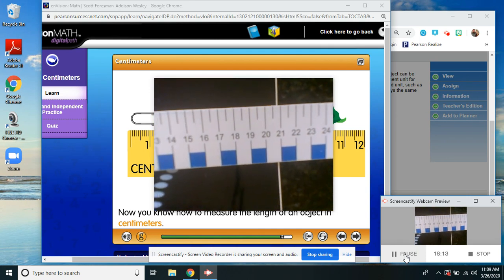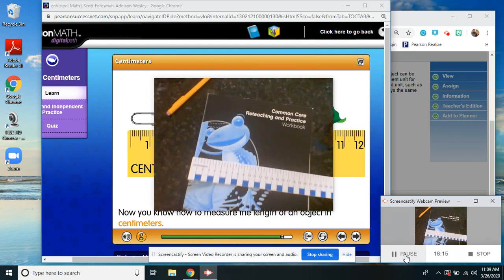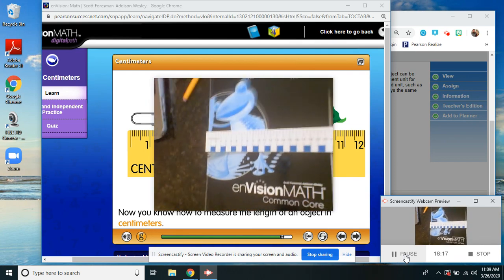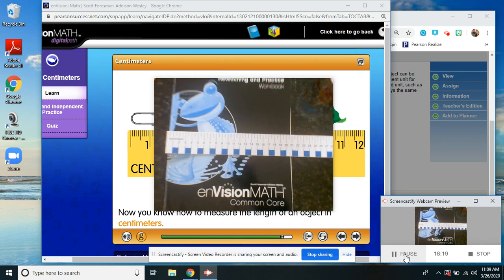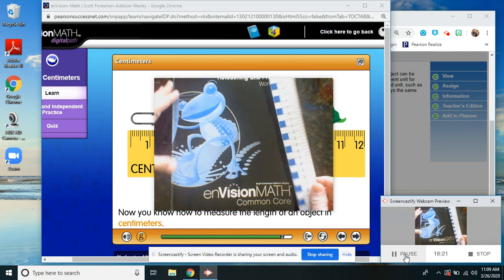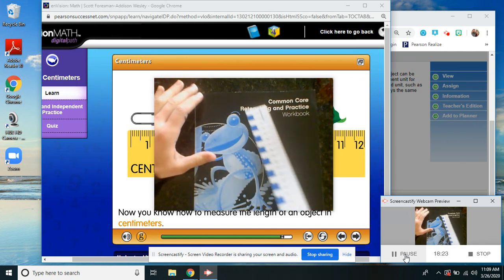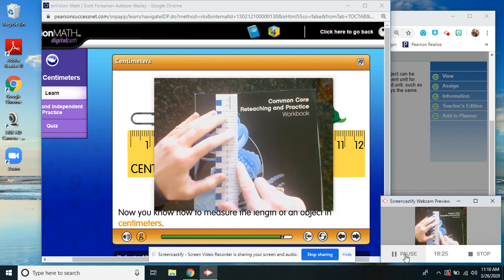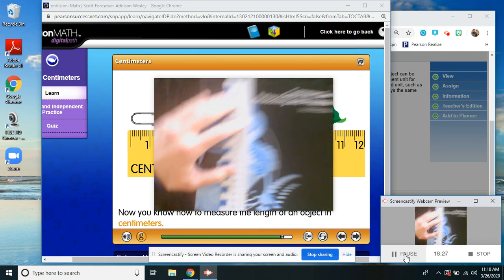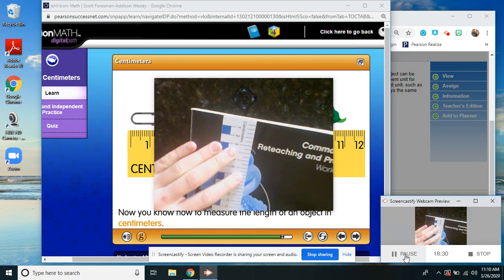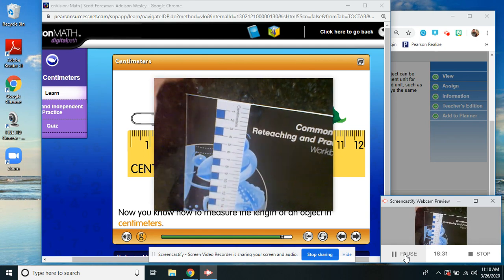All right, now we're going to measure the length of our workbook. So you need to move your ruler to the top of your workbook. All right, remember to line it up.